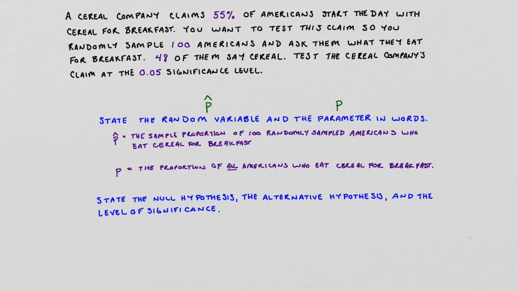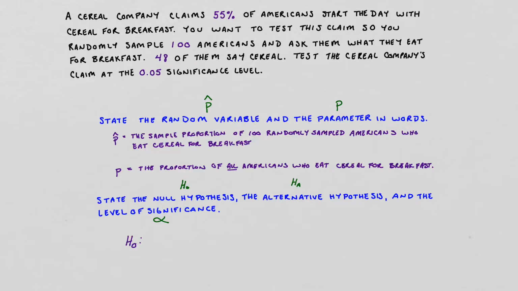So the next step is we are going to state the null hypothesis, which we denote as H sub O, the alternative hypothesis, H sub A, and the level of significance, where we use the Greek letter alpha. So for the null hypothesis, we are basically going to reference what we originally believed before we did any kind of data collection.